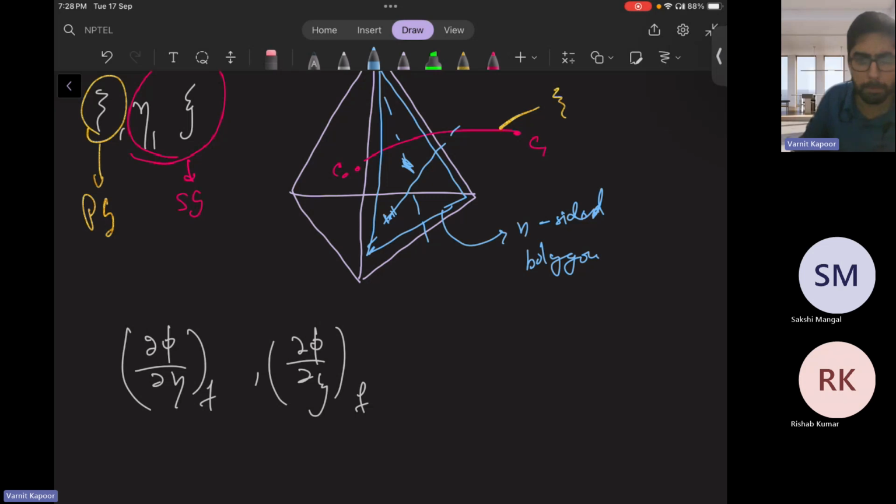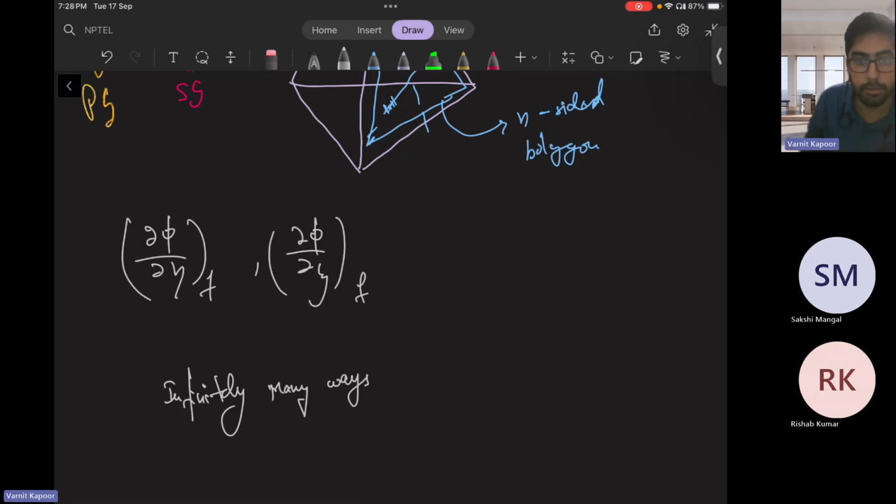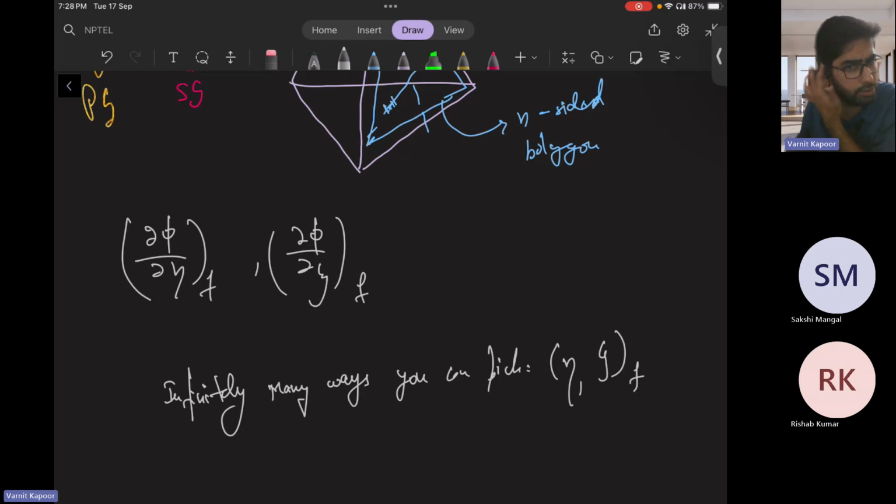A quite complex kind of thing you can explore on your own as well. And you can pick infinitely many ways. You can pick eta and theta for the face. You can choose any particular way out of that and solve.